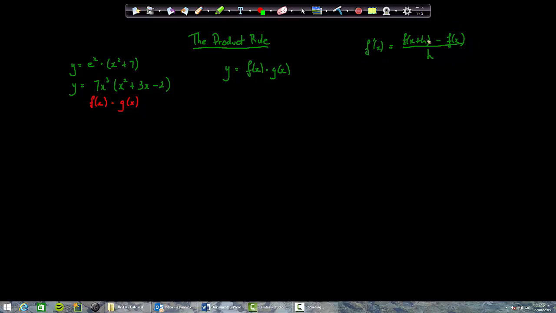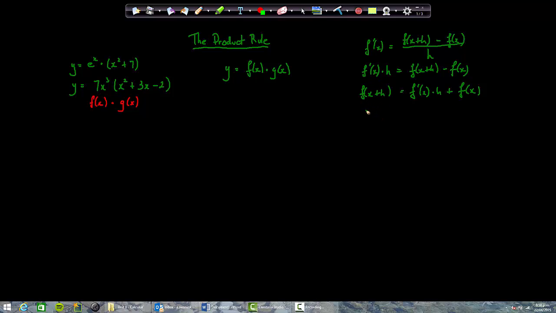If I want to make f(x plus h) the subject, I bring h over, giving f dash x times h equal to this right hand side, and then bring the negative f(x) over to this side. So f(x plus h) would equal this, with the f(x) moved over so it becomes positive f(x).